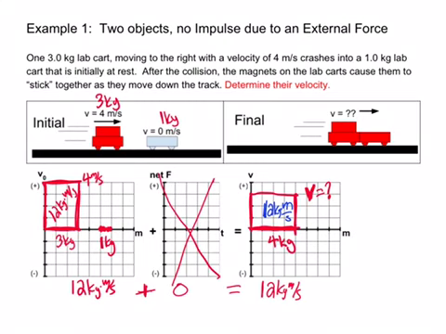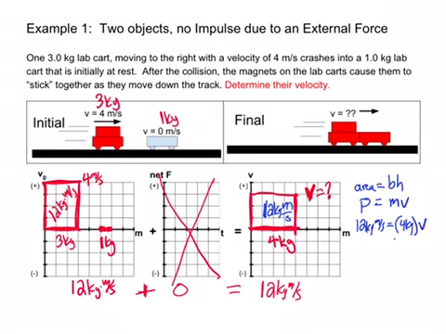So let's write this in terms of areas. So here, our area is just base times height, and we know that the area is momentum, which is equal to mass times velocity. So then we've got 12 kilograms times meters per second is equal to a base of 4 kilograms, and velocity is v.